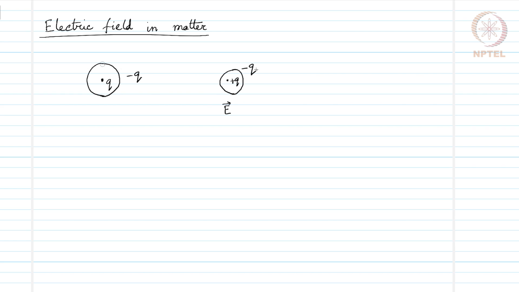If that happens, then let us try to find out the center of this negative charge distribution here. Let me get rid of this plus q written from here. Let us write plus q here, and the center of this negative charge distribution will be somewhere here, and the separation between these two is d.